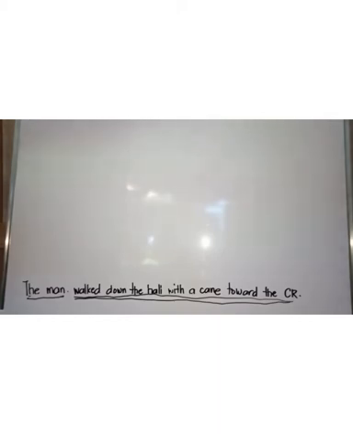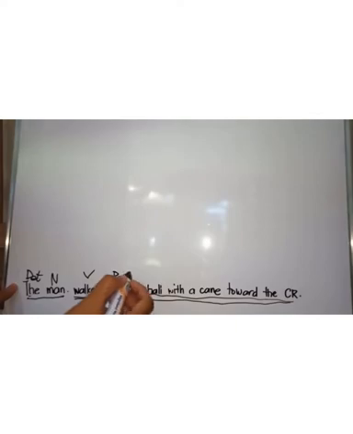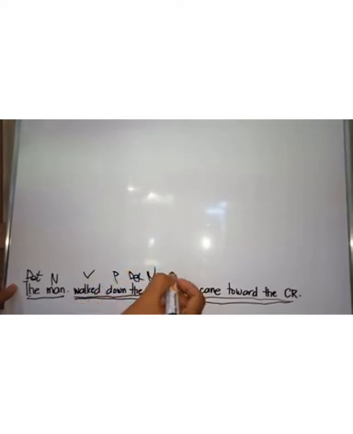So we have "the" is a determiner. "Man" is a noun. "Walked" is a verb. "Down" is a preposition. "The" is a determiner. "Hall" is a noun. "With" is a preposition. "A" is a determiner.